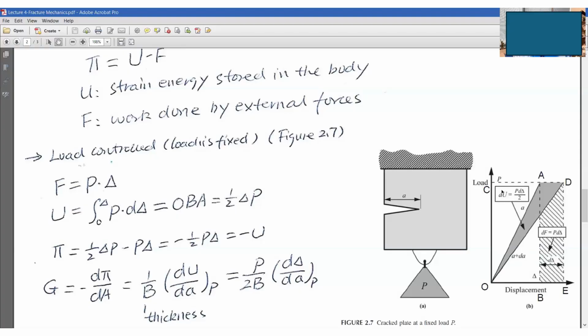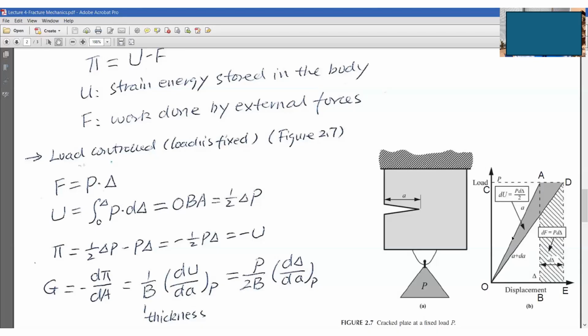So for this load I get this displacement, and for A plus dA, this is my curve. This one is d delta. You understand, guys? d delta.